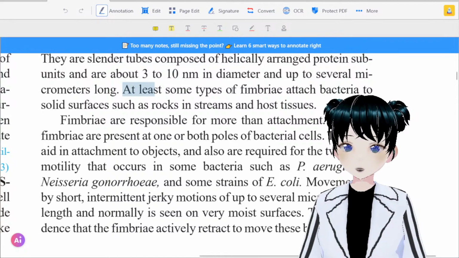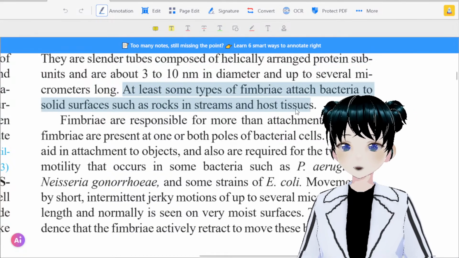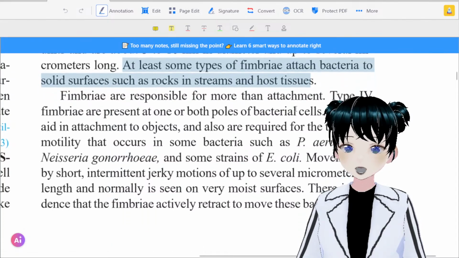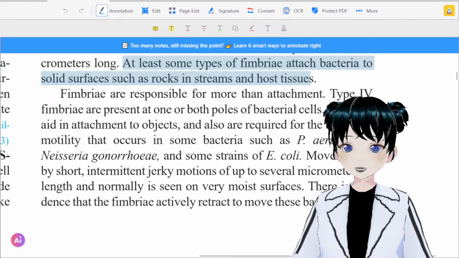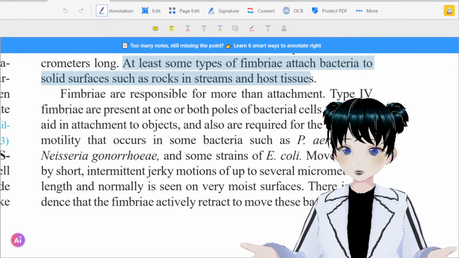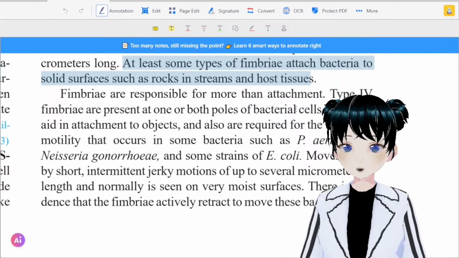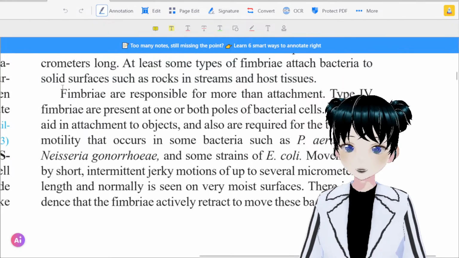At least some types of fimbriae attach bacteria to solid surfaces such as rocks in streams and host tissues. Fimbriae act as attachment material, some types of, not every type. Some types act as motility factors, some types act as attachment factors. And maybe some types act as evasive factors.